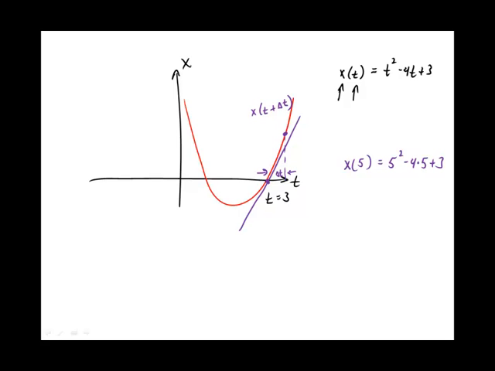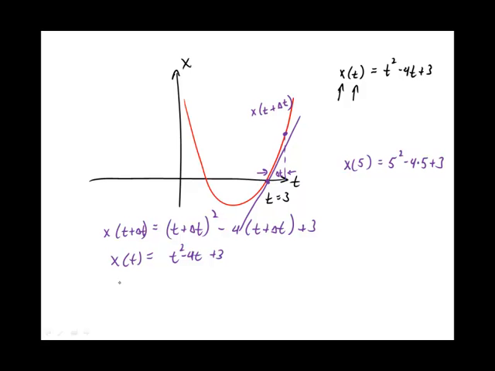So x at t plus delta t is just going to be t plus delta t squared minus 4 times t plus delta t plus 3. And then I'm going to subtract from that x of t. But that's just t squared minus 4t plus 3. So we're going to subtract those two.